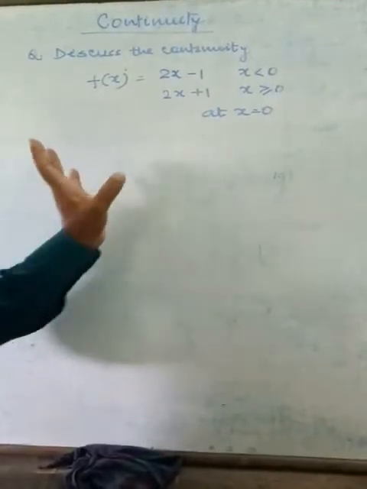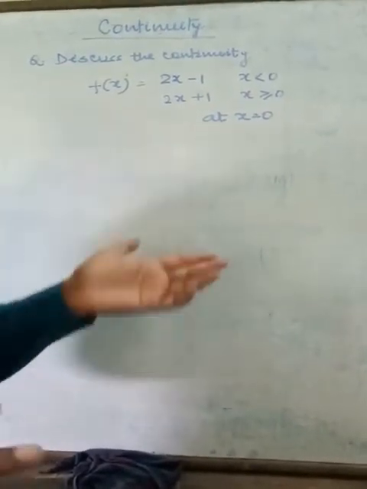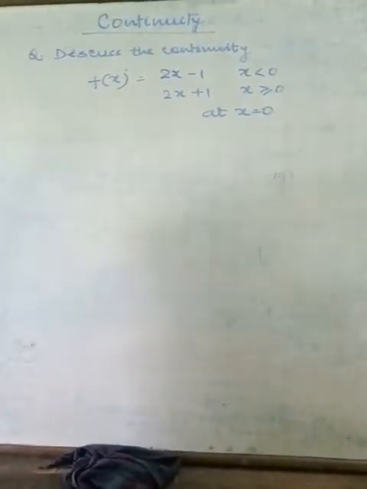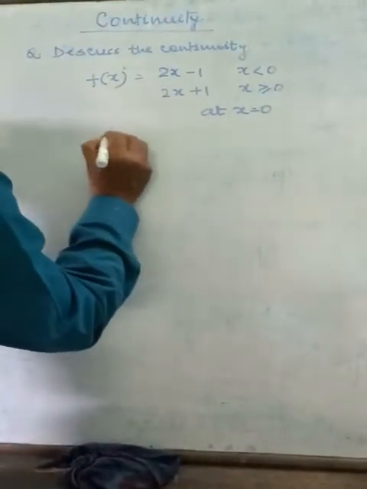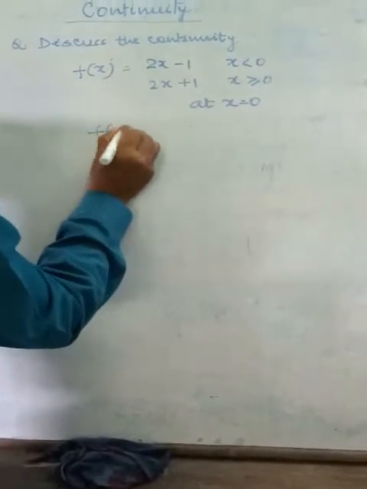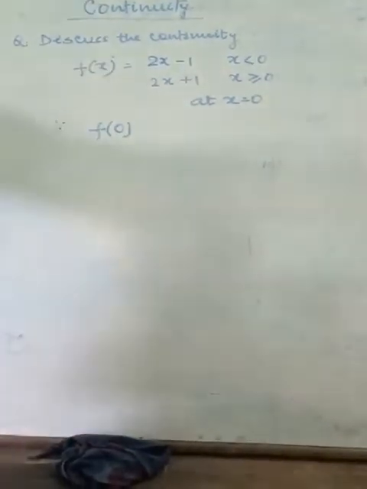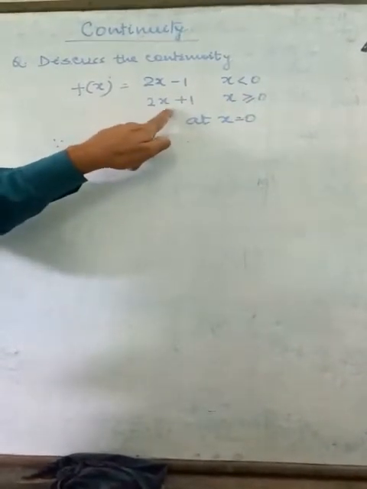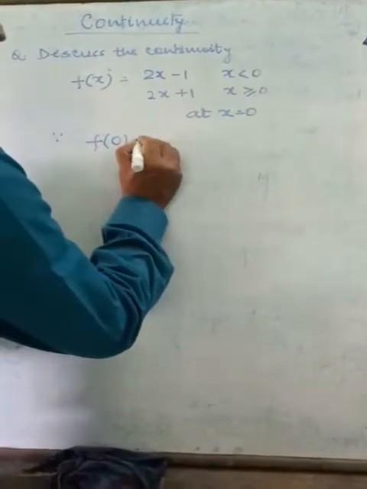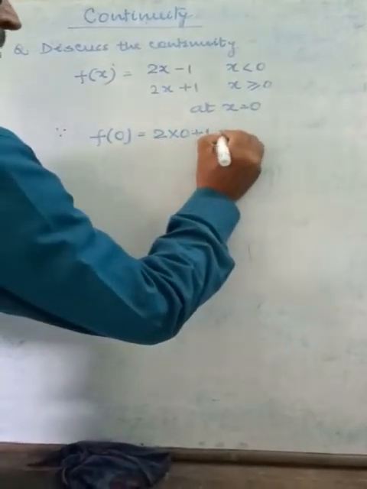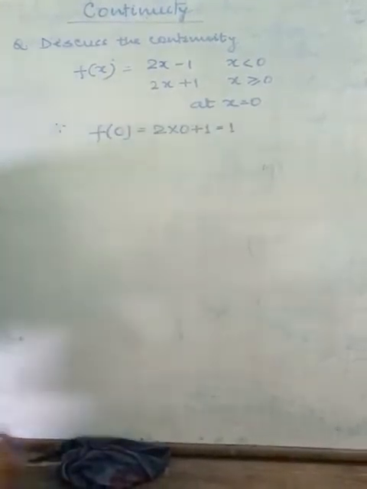If they are equal, then we say that the function is continuous, otherwise it is discontinuous. So start with x is equal to 0, first calculate f(0). When x is equal to 0, the value is 2x plus 1, so putting x equal to 0, it is 1.